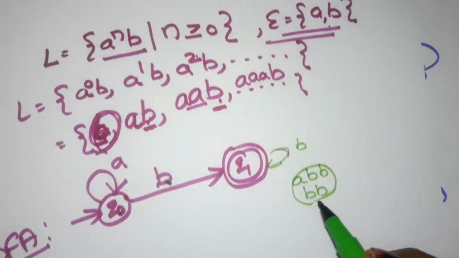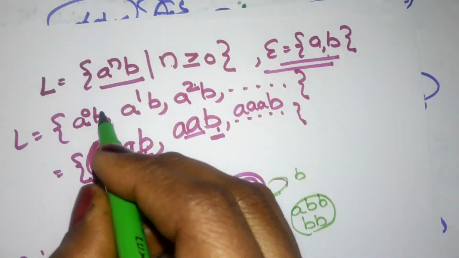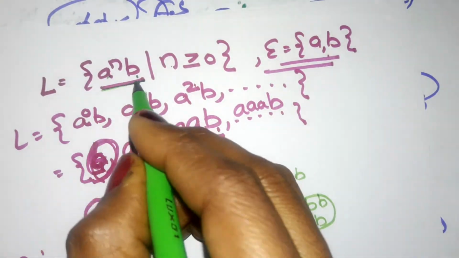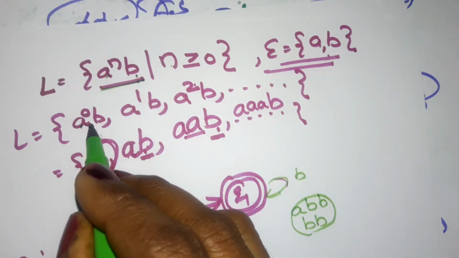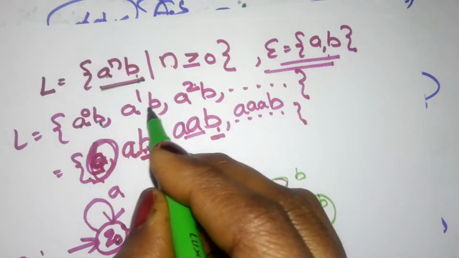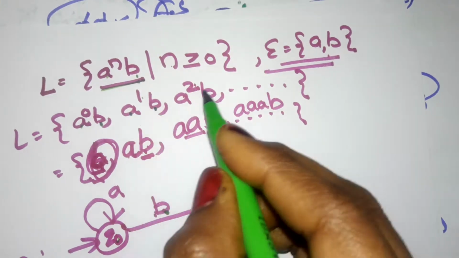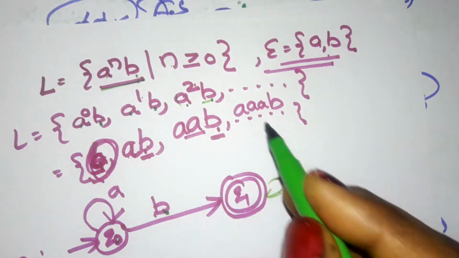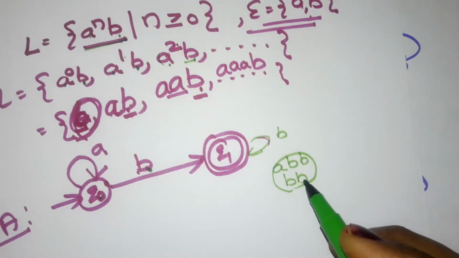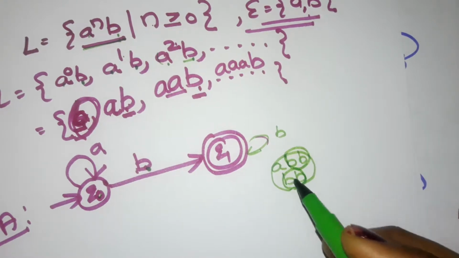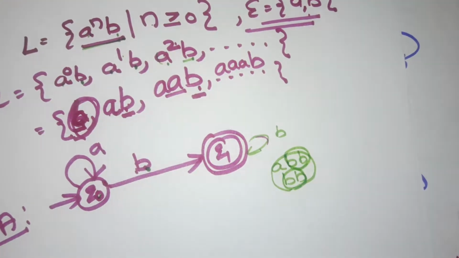But in the language it is mentioned that only a power n b is acceptable, which means only one b, or any number of a's followed by one b, ending with only one b. But here, ending with two b's is also accepted if you mention the self loop.